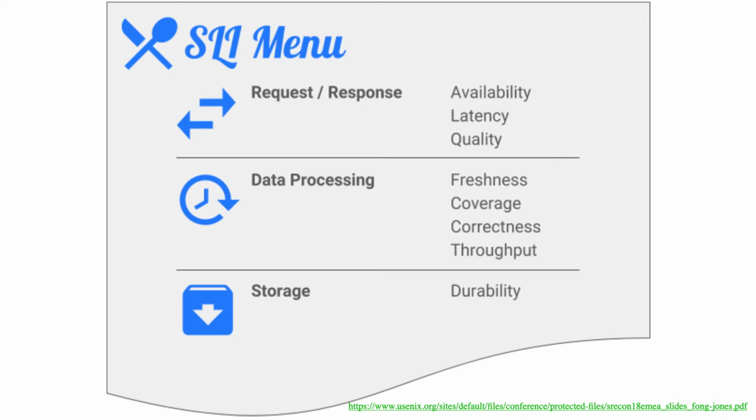So what is the menu for you today? The SLI menu consists of all these items. For a typical request response process, you have availability, latency, quality. For data processing, freshness, coverage, correctness, throughput. For storage, durability.